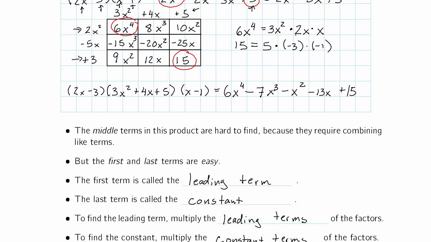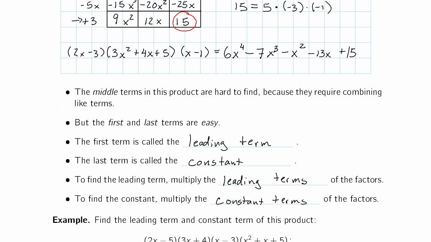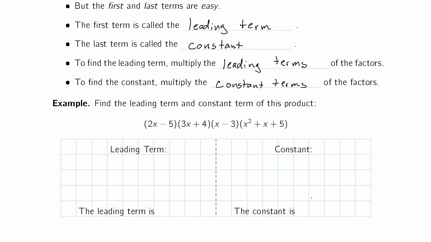So getting the middle terms in a product is still hard. But if we just want to know the leading term and the constant term, that's easy. So here's a multiplication problem that we don't really want to do. But to find the leading term, well, the leading terms of our factors are these 4. Right? So we've got a 2x times a 3x times an x times an x squared.